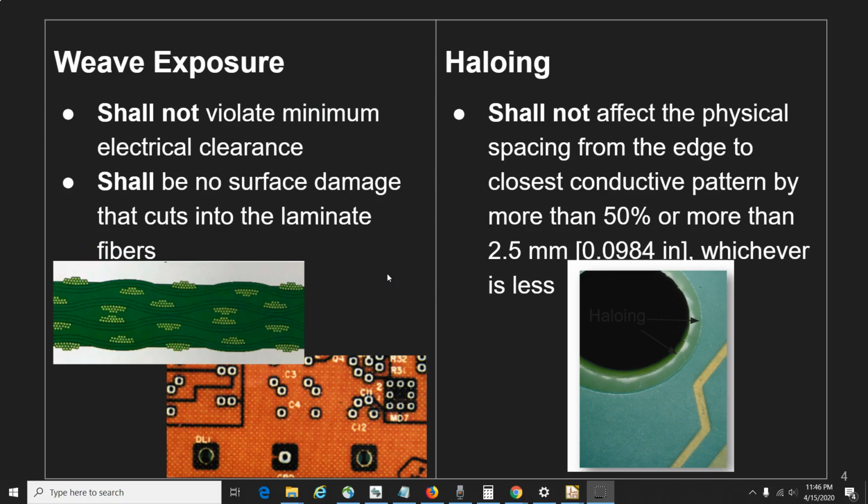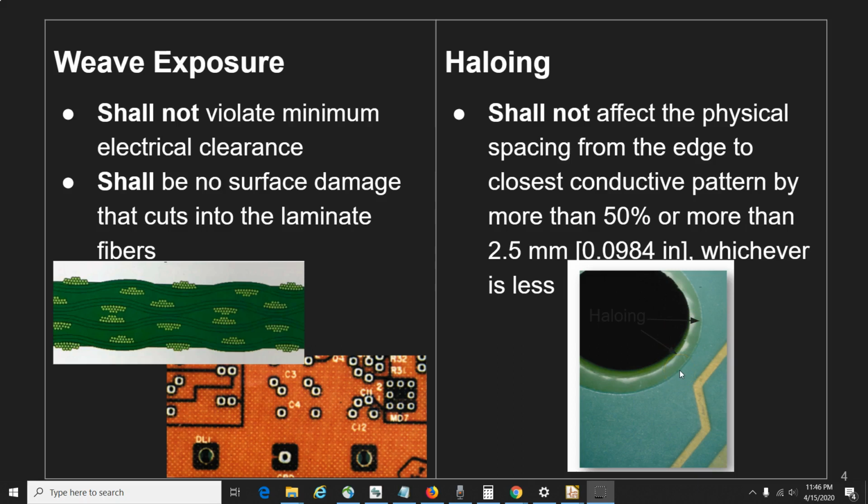Now let's see haloing. Haloing you can see in this picture, it's shown here. This is the haloing. It appears as a light ring in the base material around drill holes. In most of the cases, this is a mechanical cause damage to the woven material. Haloing is acceptable if there are no conductors close to the hole.